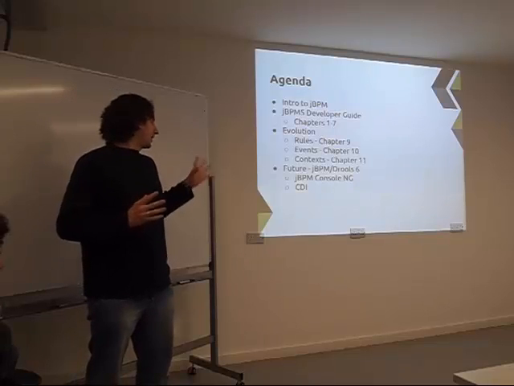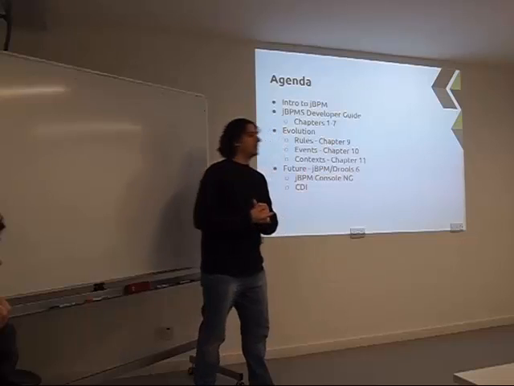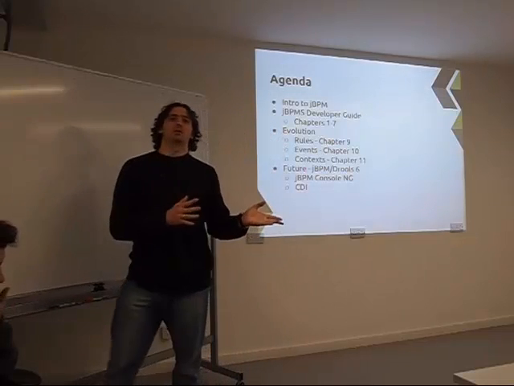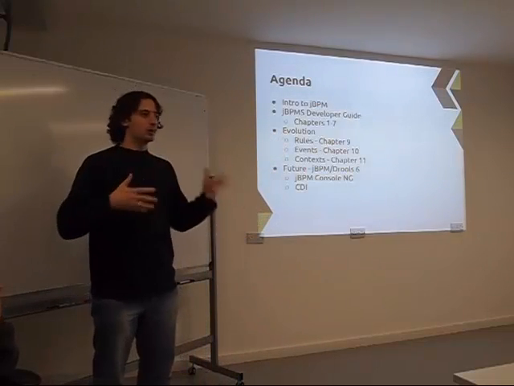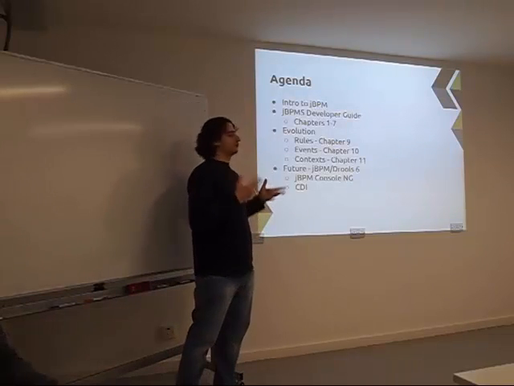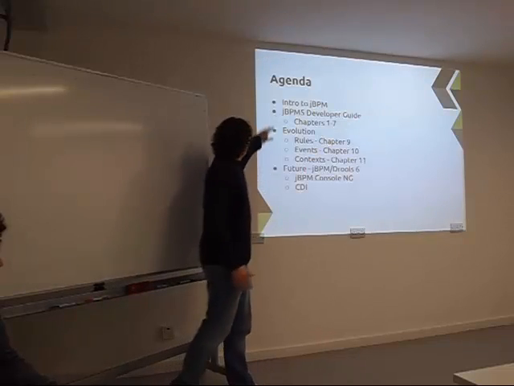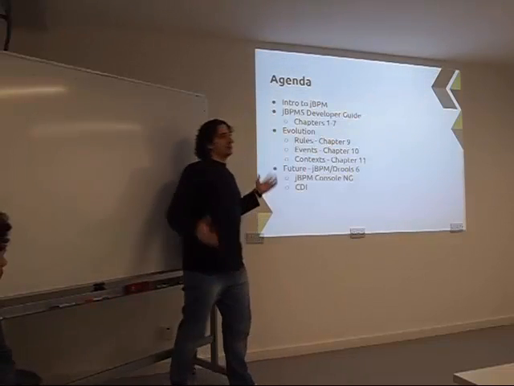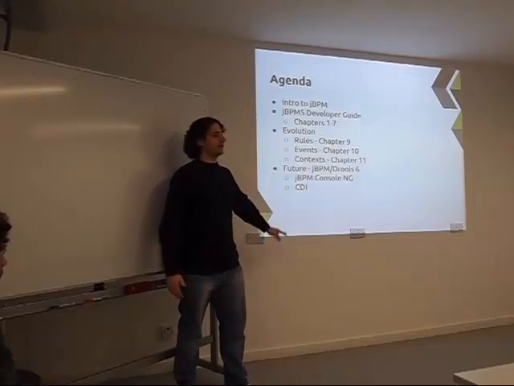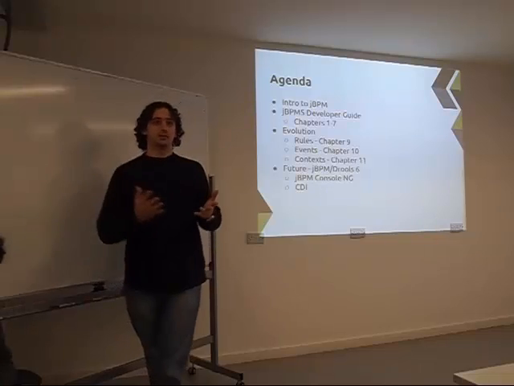And in that part, we're going to see a presentation using the JBPM console NG. We're going to talk about what that NG is, what is the JBPM console, and we're going to cover most of it, the most technical part. From here to here is about the book. From here and after is about what is going to be JBPM6.